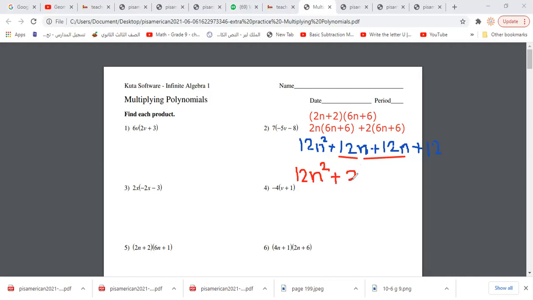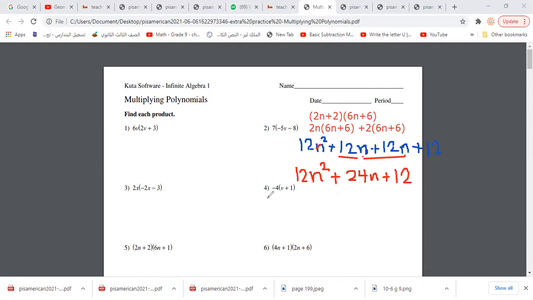Equals 24. 24n, and we add, so don't touch the variable, plus 12. Right? Which means in case we multiply, we have to add the exponents together. When you add, don't touch the variable or the exponent.